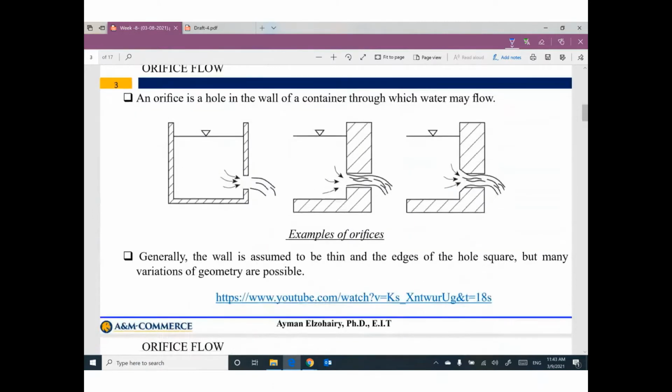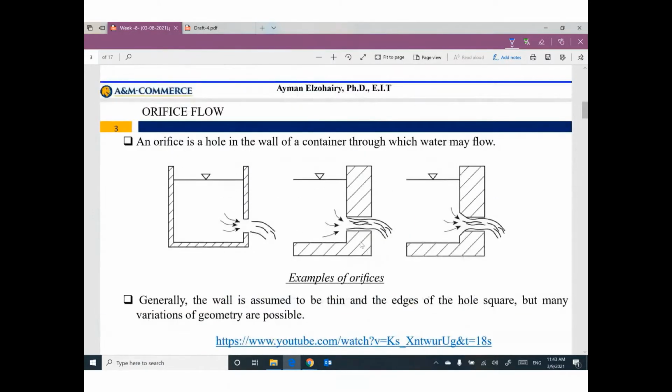Let's start with the first one, orifice. The meaning of orifice is a hole in the wall of a container through which water may flow.